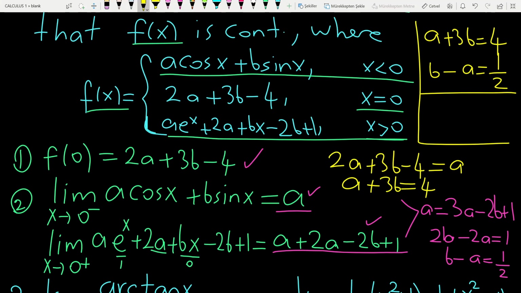If we solve this system of equations, maybe from high school information, b is 9 over 8 and a is 5 over 8. If you have any question about this problem, please let me know, write your comments below. So it is all. If a is 5 over 8 and b is 9 over 8, then the given piecewise function is continuous everywhere. It is done.